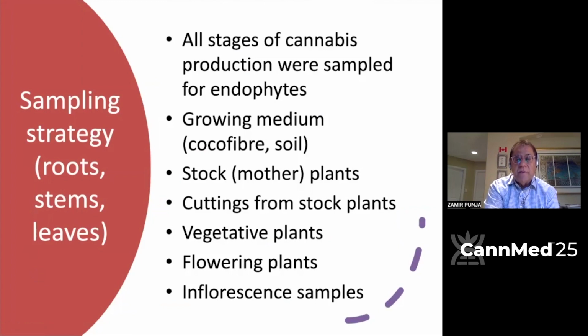As I mentioned in the previous slide, we looked at the stock mother plants, cuttings from those plants, vegetative plants, flowering plants, as well as the flowers themselves. In addition, for a smaller subset of samples, we also sampled the coco fiber, which is the substrate the plants were grown in, or soil, depending on where the plant source was originating from. So we had a pretty thorough sampling procedure for this particular study.